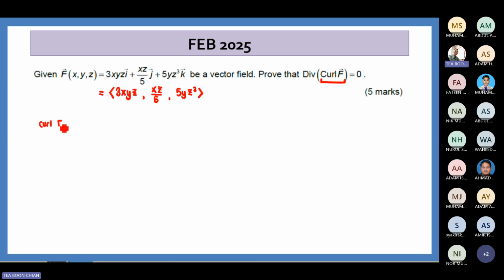By the curl of vector f, this is the setting of a 3 by 3 matrix: i, j, k in the first row; in the second row, differentiate with respect to x, y, and z; and finally the last row is the vector components.